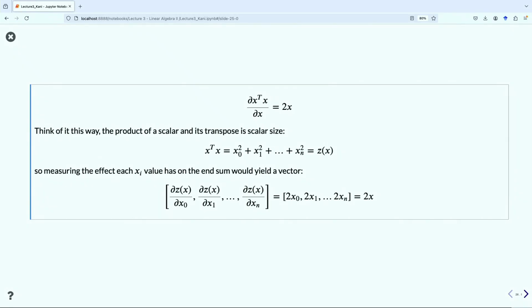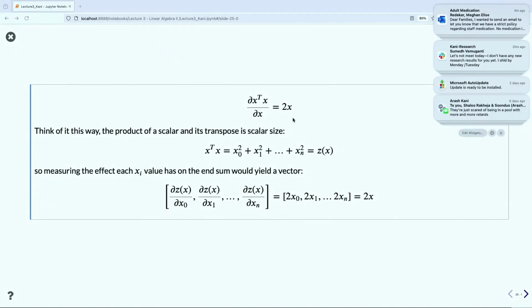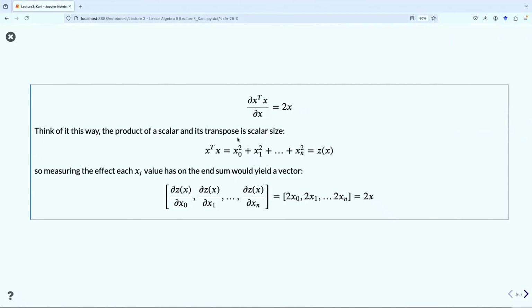If we take the derivative with respect to x0, all the other values disappear and we're left with 2x0. If we take the derivative with respect to x1, all the other values except x1 squared disappear, and the derivative of x1 squared is 2x1.